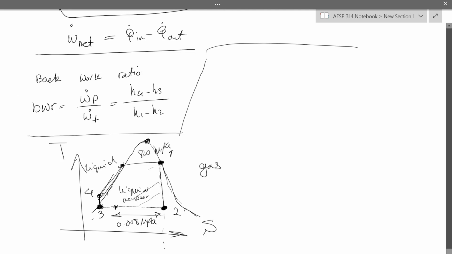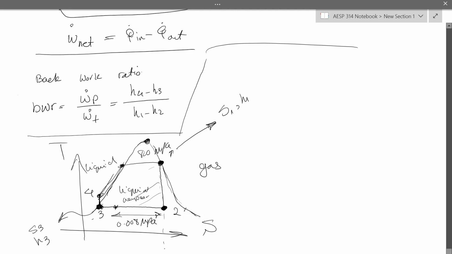So we have the properties for S1 and H1, and we also have the properties for S3 and H3: full liquid, full vapor, 100% vapor.